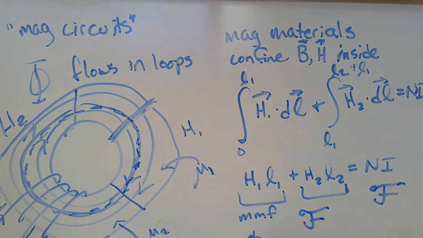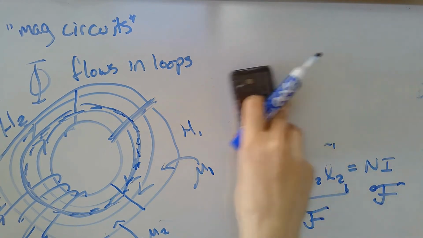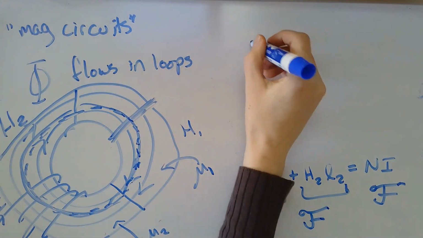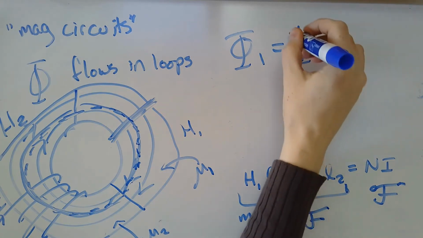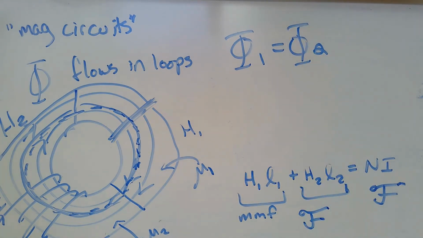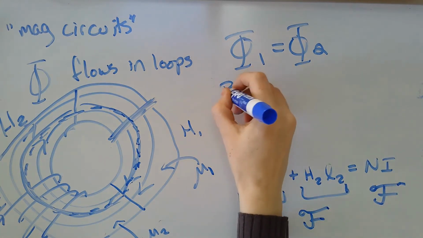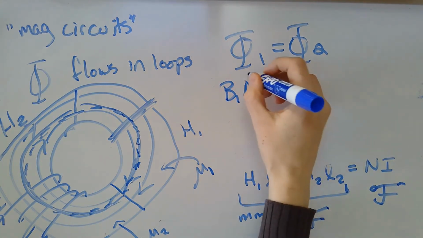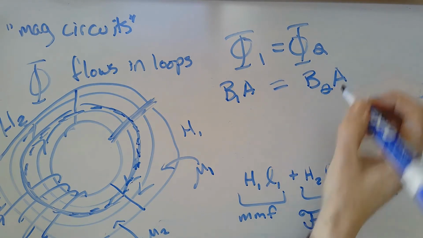So knowing that, we know that flux 1 is equal to flux 2, which is B1 times the area for flux 1, and in flux 2 we're going to have B2 times the area.